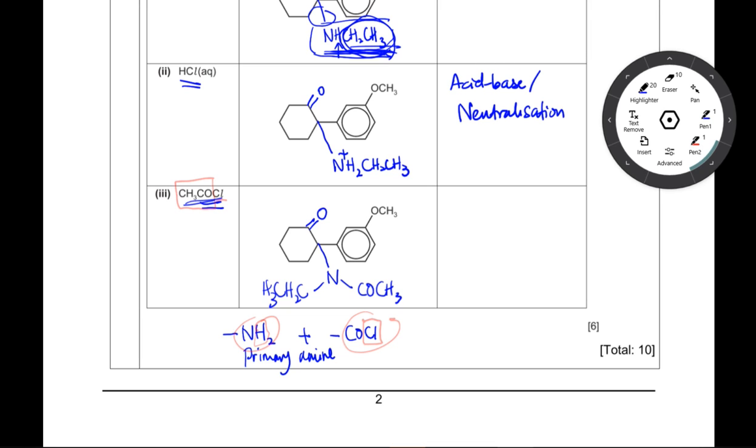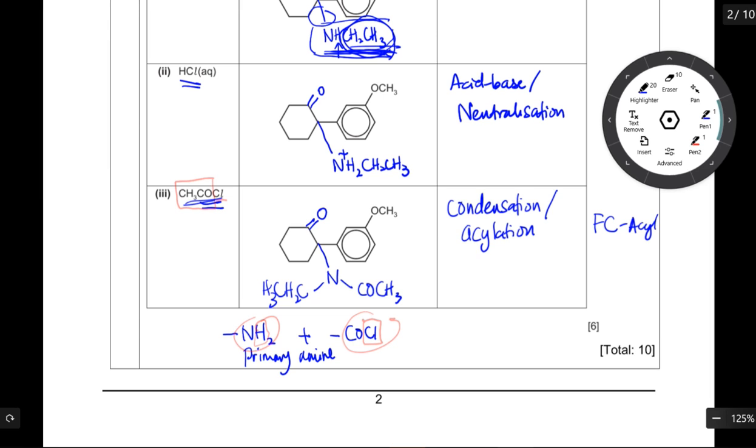So in that case, it can be called condensation. The mark scheme also accepts acylation, but I wouldn't encourage you to keep to that because your perception of acylation might be Friedel-Crafts acylation, which would include a halogen carrier.